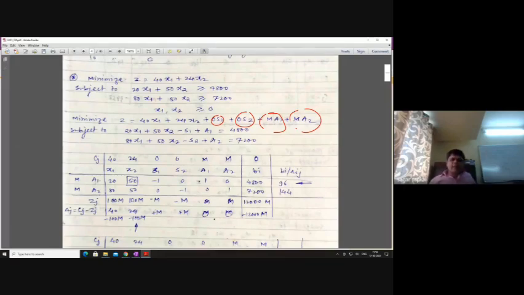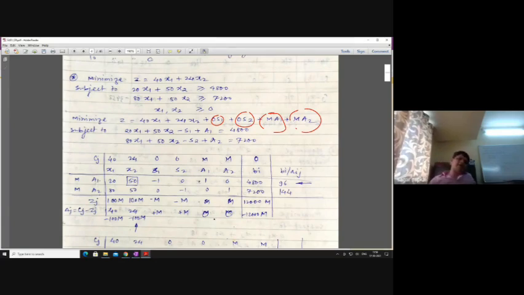So we will write a1. In the second constraint also a surplus and artificial variable is present, so we will take the artificial variable into base. So a1 and a2 are taken into base, and x1, x2, s1, s2, a1, a2 are written column-wise.